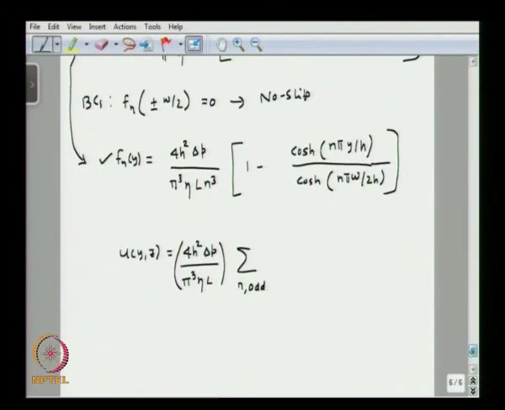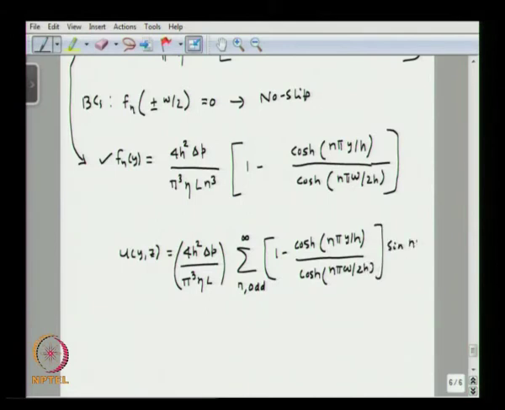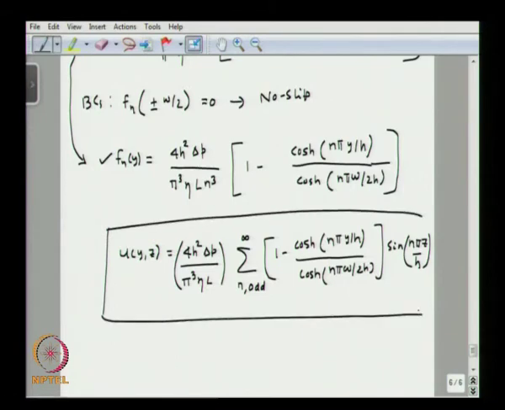So, n odd to infinity into 1 minus cos hyperbolic n pi y over h divided by cos hyperbolic n pi w over 2h into sin n pi z over h. Okay. So, this is the expression for the velocity.